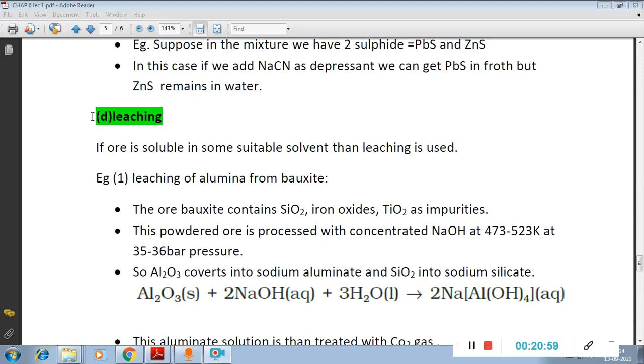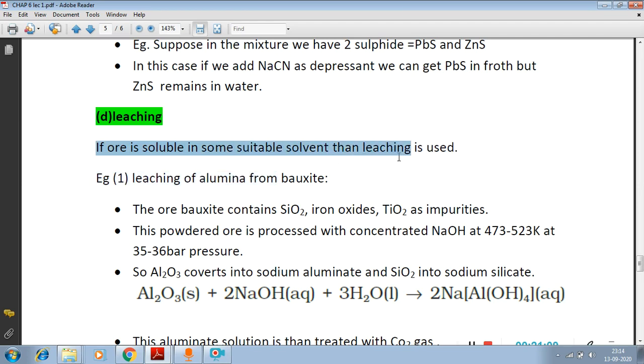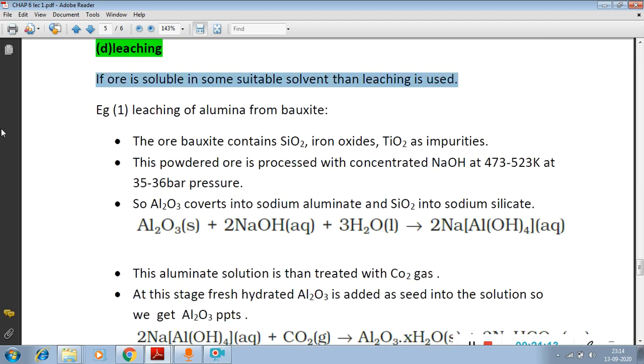Now the fourth method is leaching. If the ore is soluble in some suitable solvent, leaching is used. Example, first one is leaching of alumina from bauxite. Here our ore is bauxite.